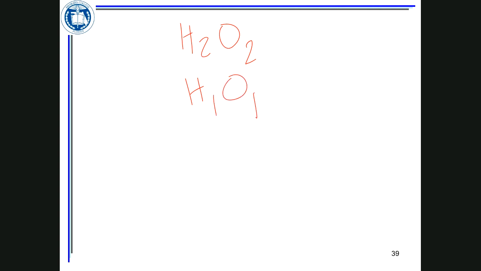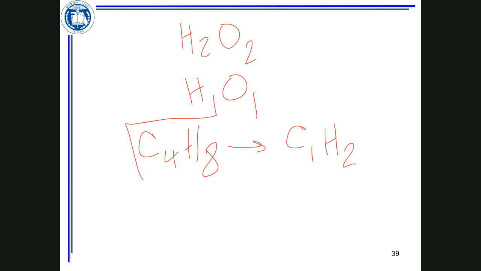Butane, C4H8, is the molecular formula, and the empirical formula for that is going to be C1H2. Empirical formula is the lowest ratio of the elements, or it shows the lowest ratio of the elements in a molecule. Molecular formula shows the actual number of elements in the molecule.